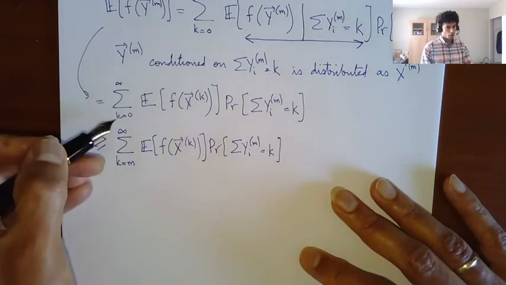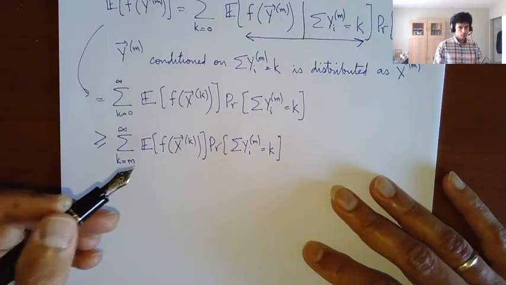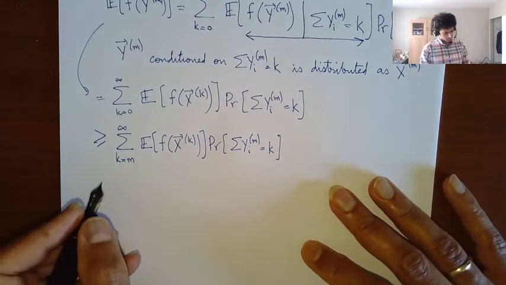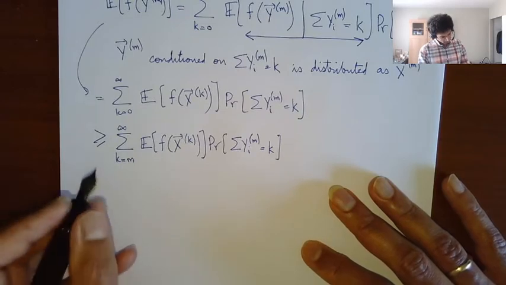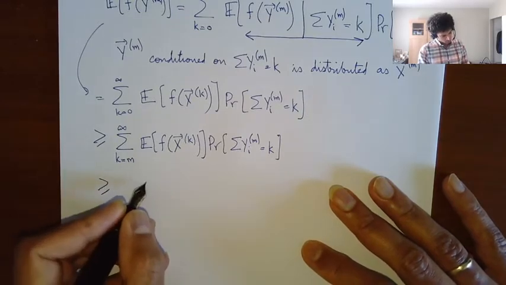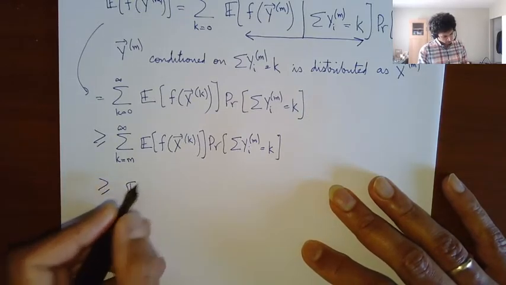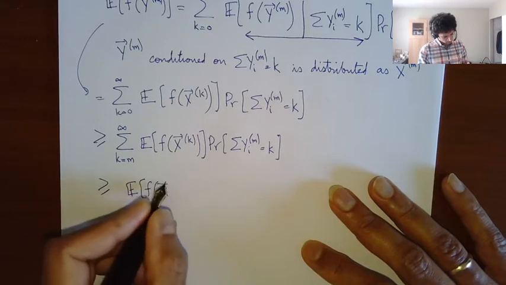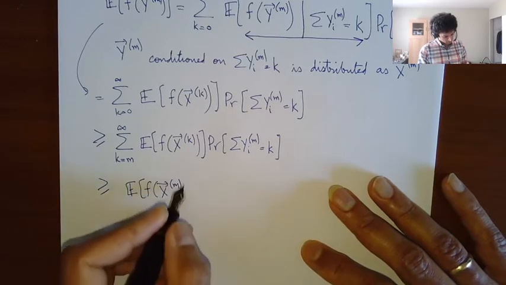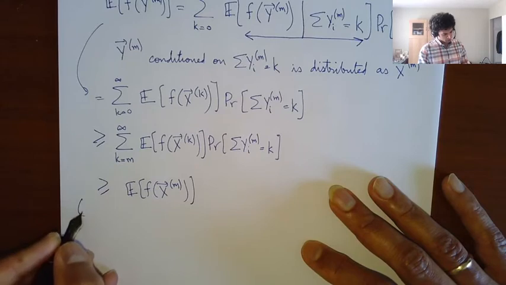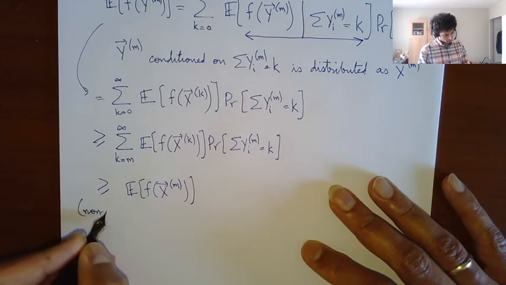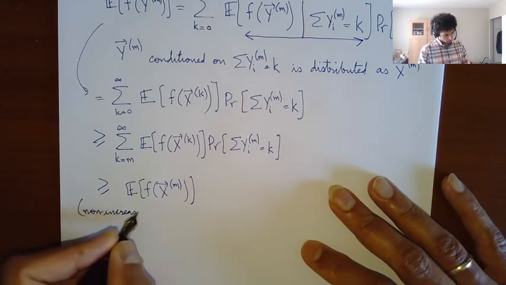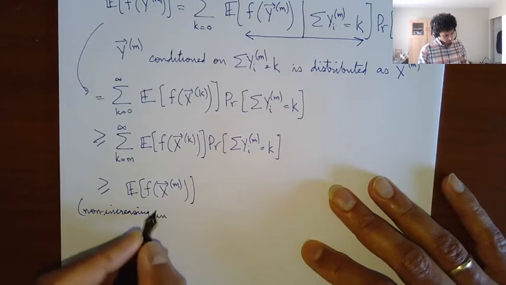Right, so I just dropped all the terms where k is less than m. Then I can just write this as the expectation of f of xm, right? And this is the non-increasing in m.